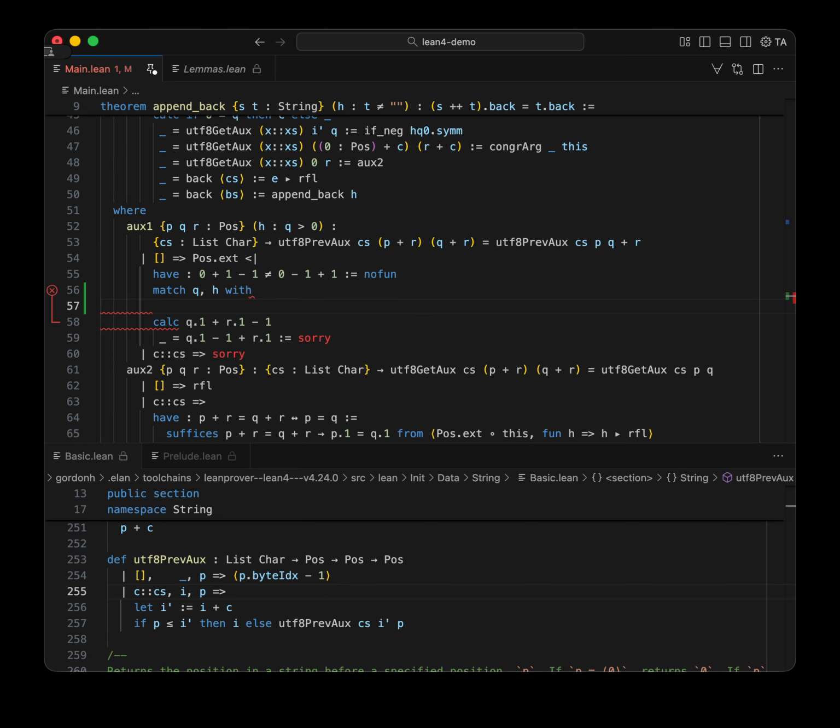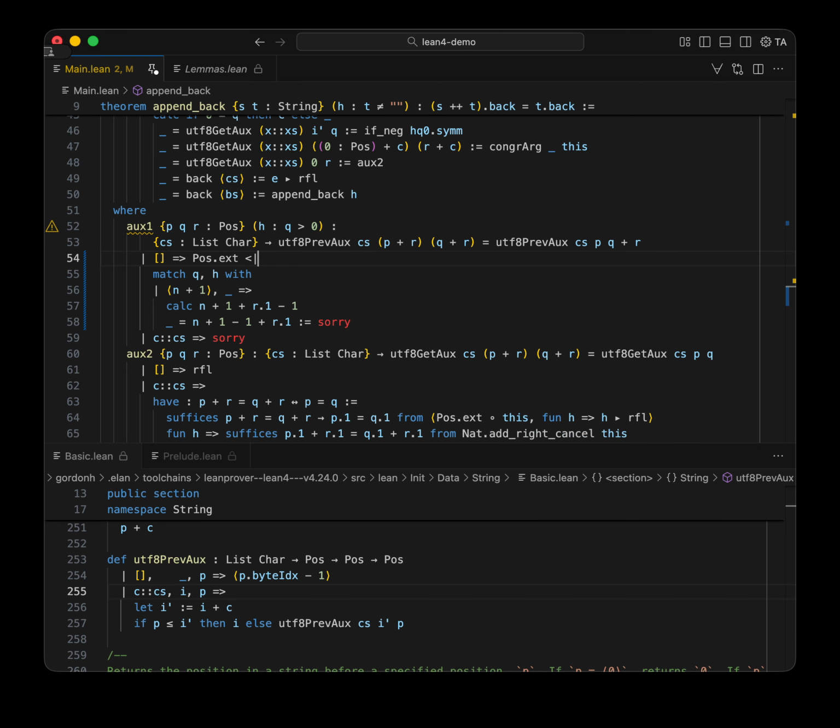Will this work? Imagine Q and R. Let's see if this can just match. Oh, it works. So great.